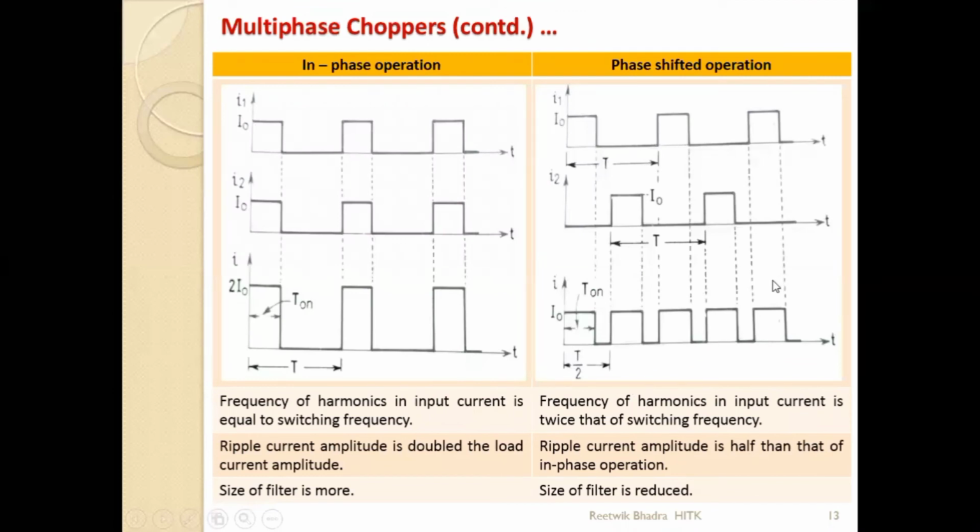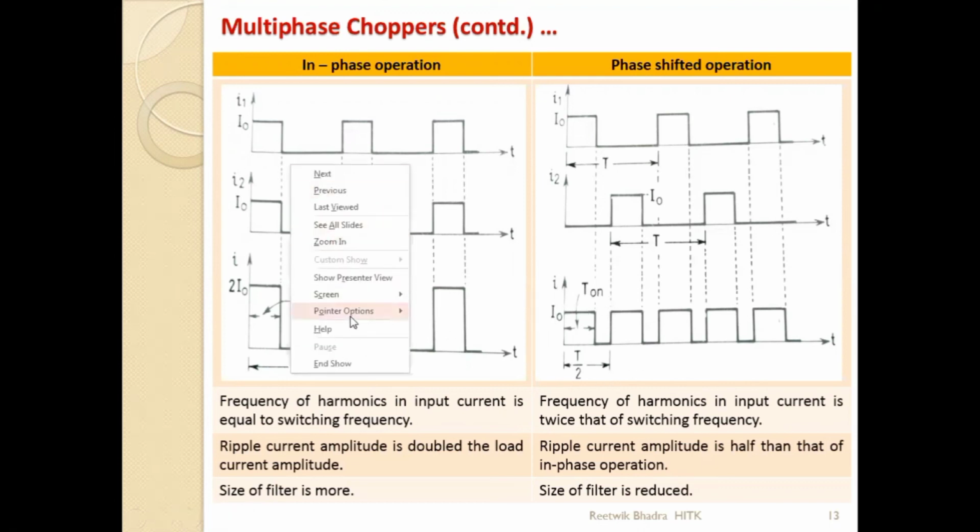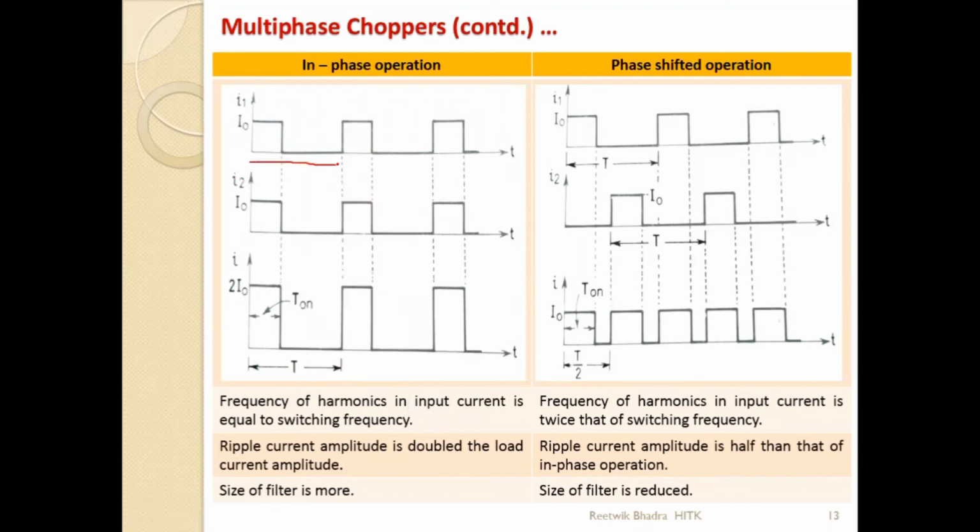Now, if you look into this figure, the frequency harmonics of the input current, this is the input current appearing, and this is my time period over here. These are the harmonics in the input current and the switching frequency.